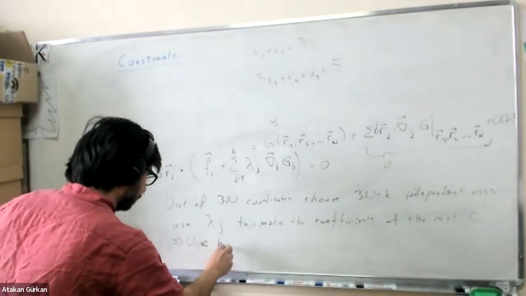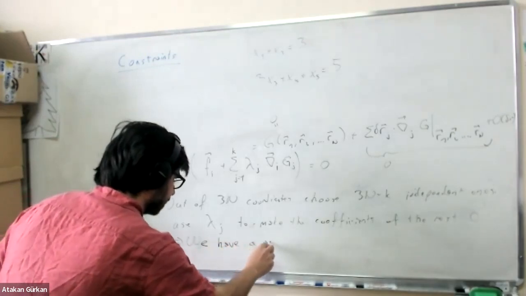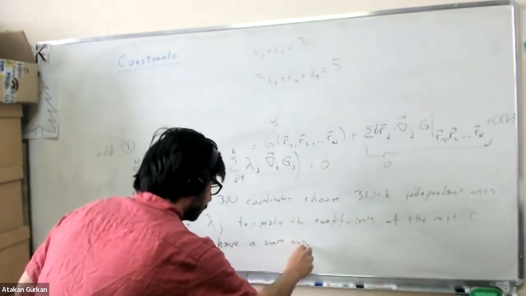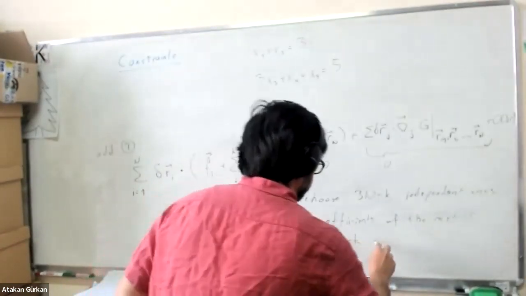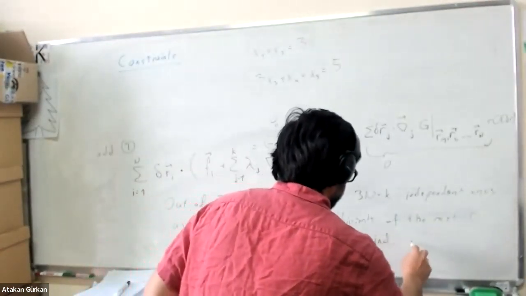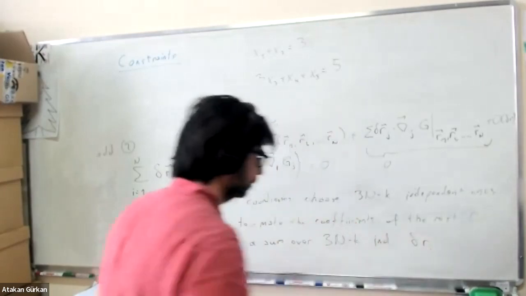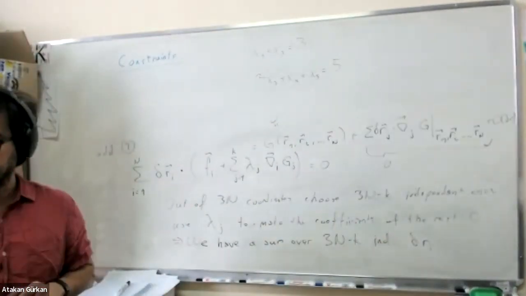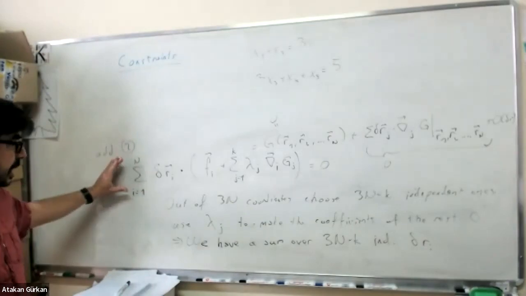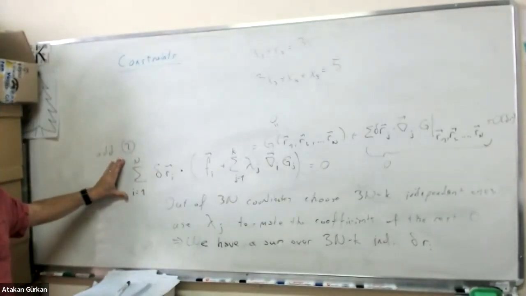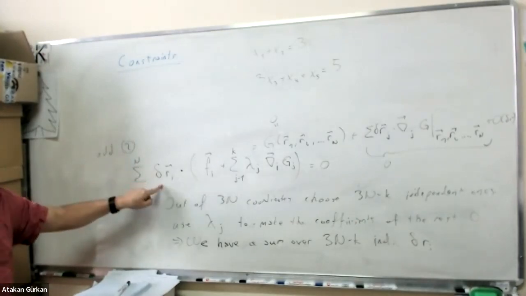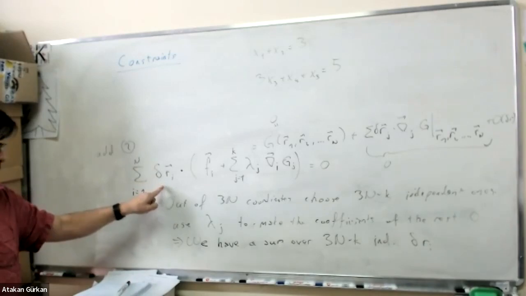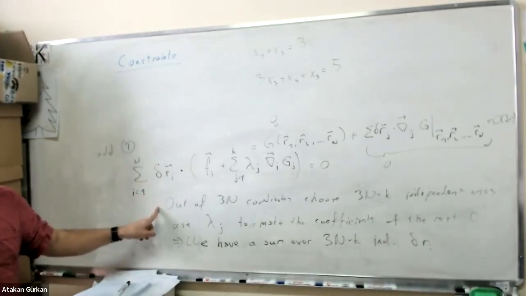We have a sum over 3n minus k independent delta Ri. Okay? So you get exactly the same expression, except the sum is not over 3n, but 3n minus k terms. And now all of these, the remaining ones, by our choice that we made over here, are independent.